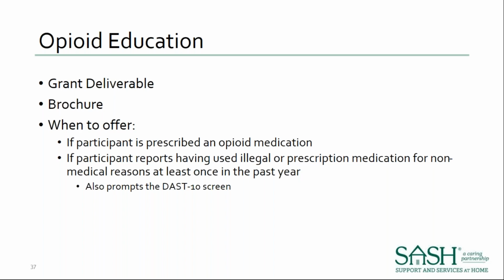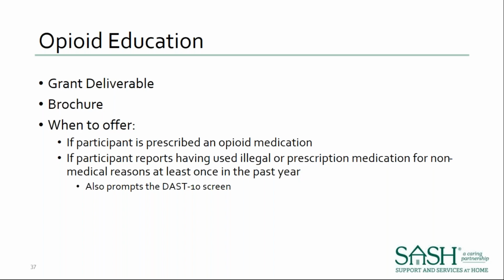In addition, we would ask you to offer education if the participant is currently prescribed an opioid medication. When you collect their medication list, if you see they're taking one of these drugs, we just want to make sure they're doing so safely and are aware of the risks involved. So stay tuned, there's more coming as far as the brochure goes.